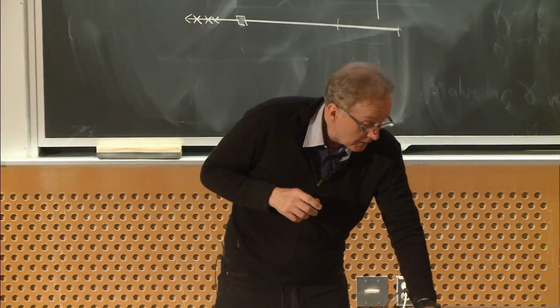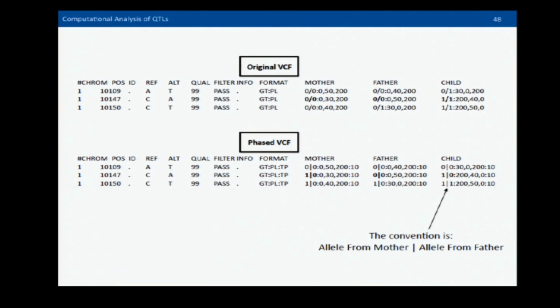And finally, if you look at a VCF file, if you see a vertical bar, that's telling you that the chromosomal origin is fixed. So it tells you, for example, in this case, the one where the arrow is pointed to, that variant number 1, which is the alternate variant T, came from mom and a T came from dad.